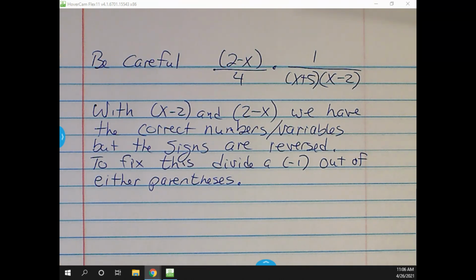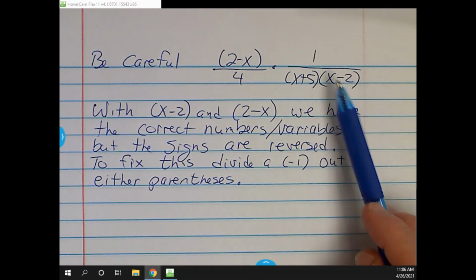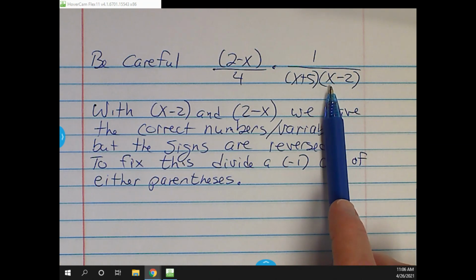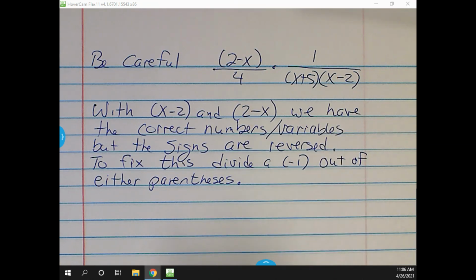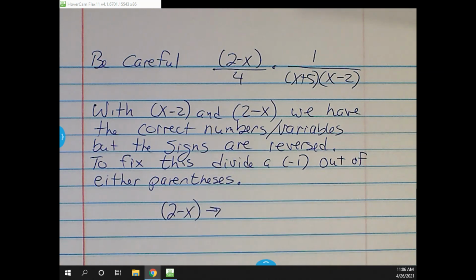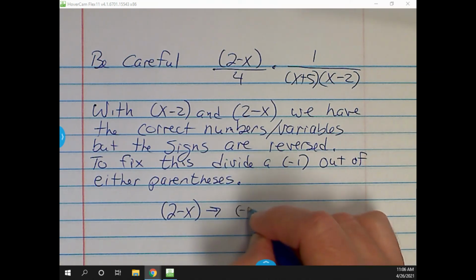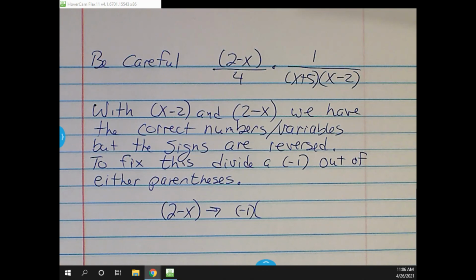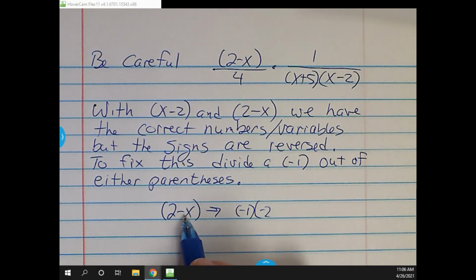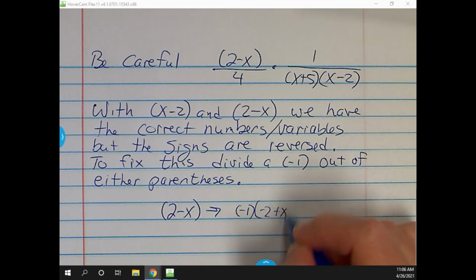And by doing that, it's going to make this work out. Most of the time, you can do it with the x minus 2 or you can do it with the 2 minus x. We usually like having the x first. So we're going to take this 2 minus x and factor out a negative 1. If we do that, that'll make that a negative 2. If you take negative x and divide it by a negative 1, that's going to make that a positive x.